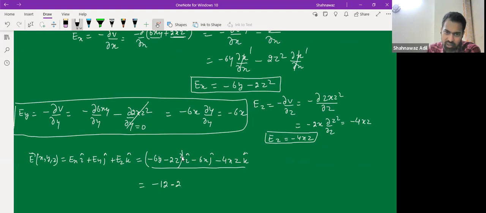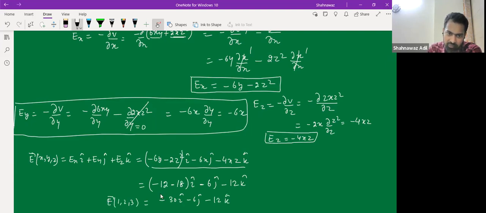So 3 square is 9, 2 nines are 18. So 18 i hat, minus 6 into 1 j hat, and 4 into 1 into 3, so 12 k hat. So this would be minus 30i minus 6j minus 12k. This is my electric field at the point 1, 2, 3.